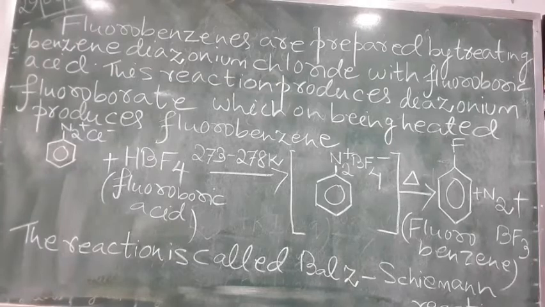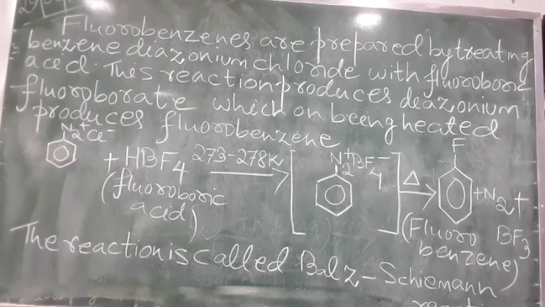Alright students, now I will show you how fluorobenzenes are prepared. Now fluorobenzenes are prepared by treating benzene diazonium chloride with fluoroboric acid. The formula is HBF4. This reaction produces diazonium fluoroborate, which on being heated produces fluorobenzene.